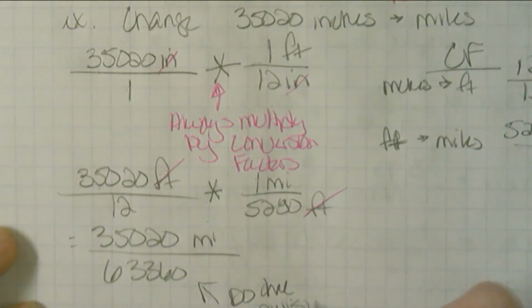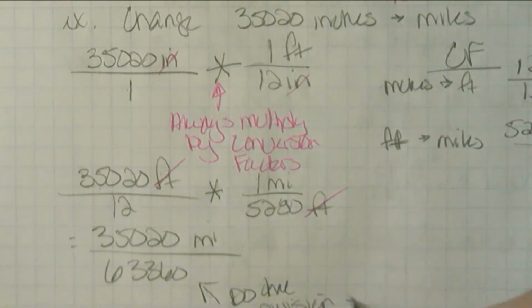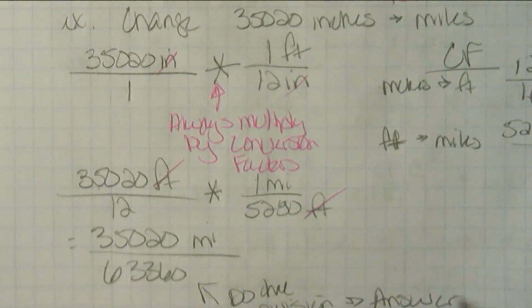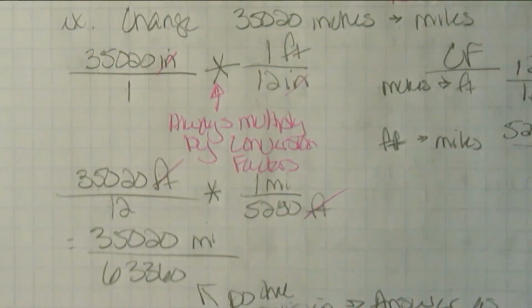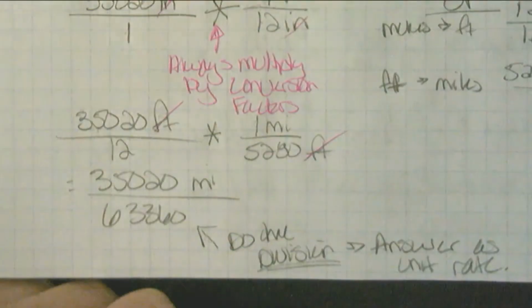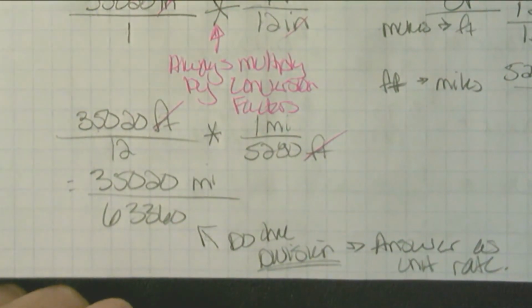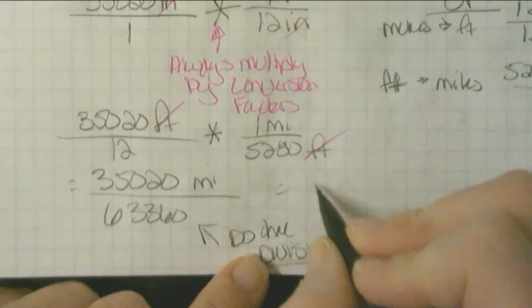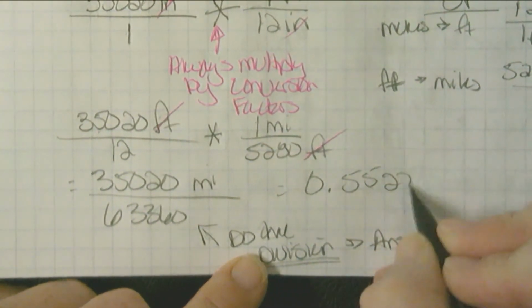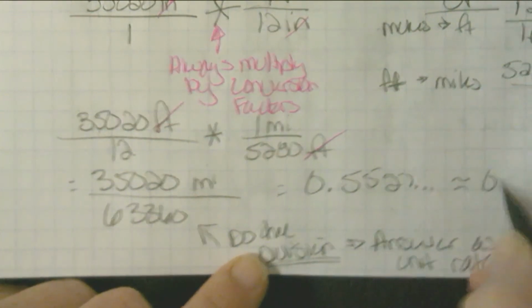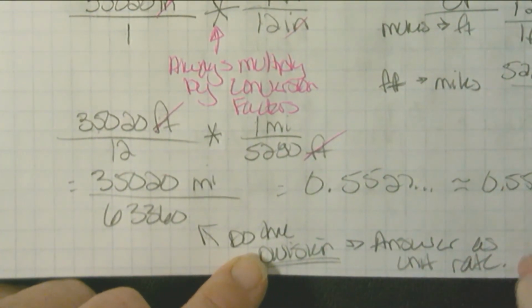I want my answer as a unit rate. So I'm just going to do 35,020 divided by 63,360. I get 0.5527... So I'm going to say approximately 0.55 miles.